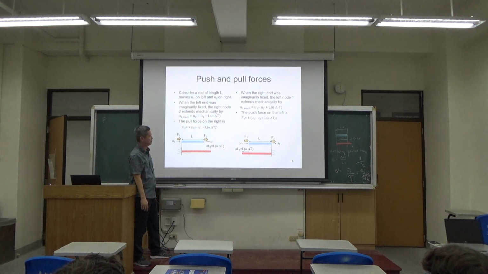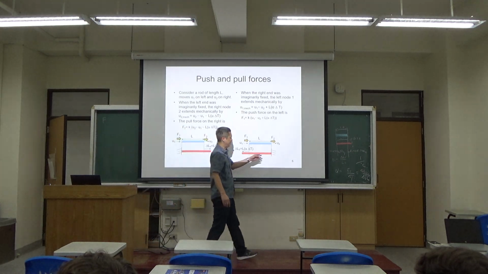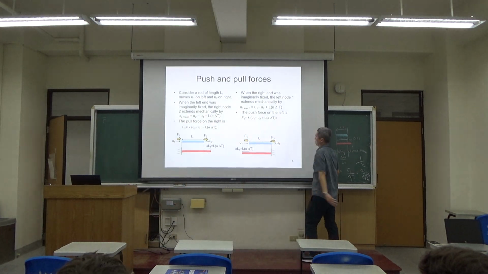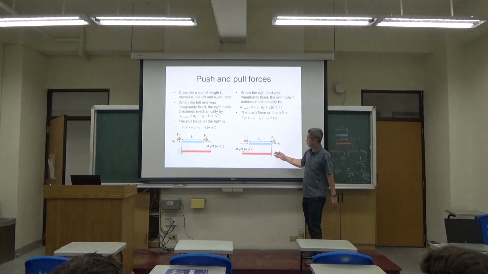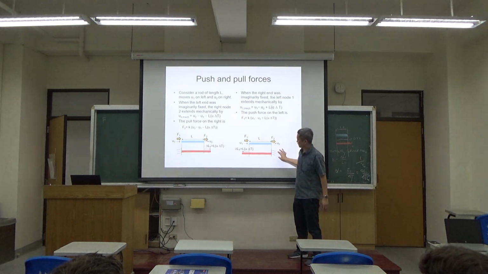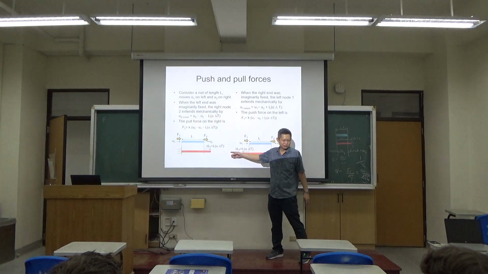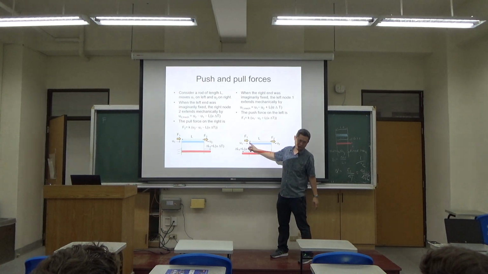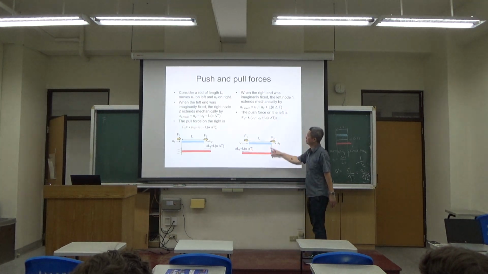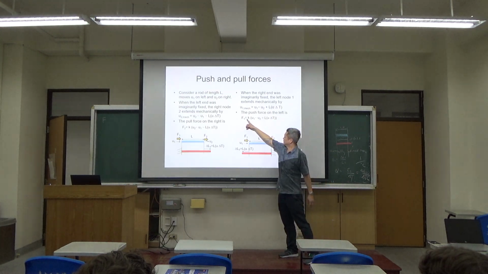How about the left end? If the right end is fixed, the elongation goes backward, opposite to the force and displacement direction. So how much is the spring force here?